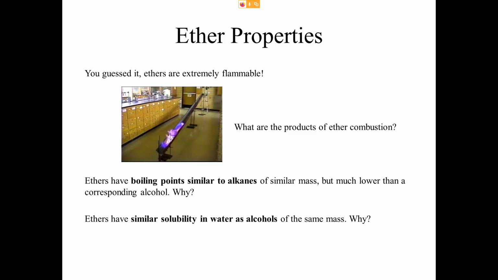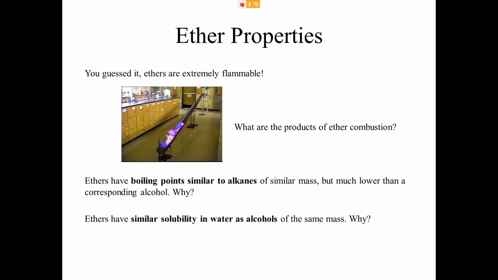But those ethers, if I put them in a solution with another molecule that has OHs, like water, can interact through hydrogen bonding with the water. That leads me to the other comment. They have similar solubility in water as alcohols. So the alcohol's O and the ether's O can both interact with the OH of water very well, whereas alkanes, lacking oxygen, can't.